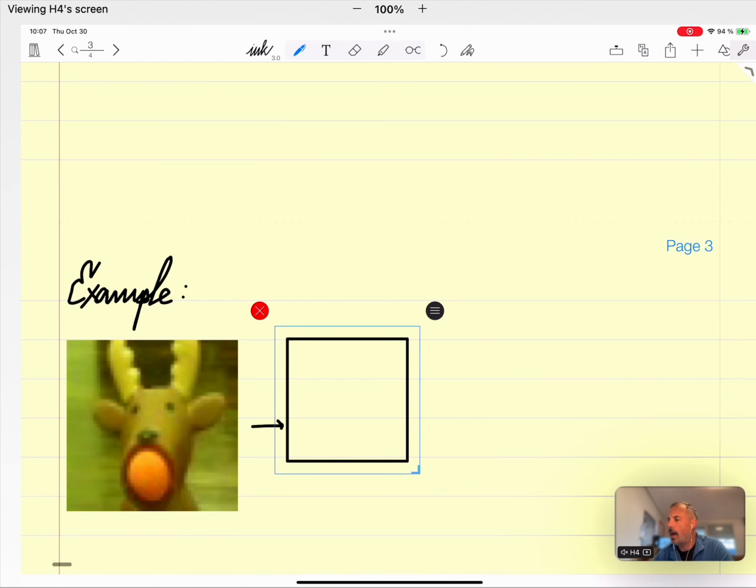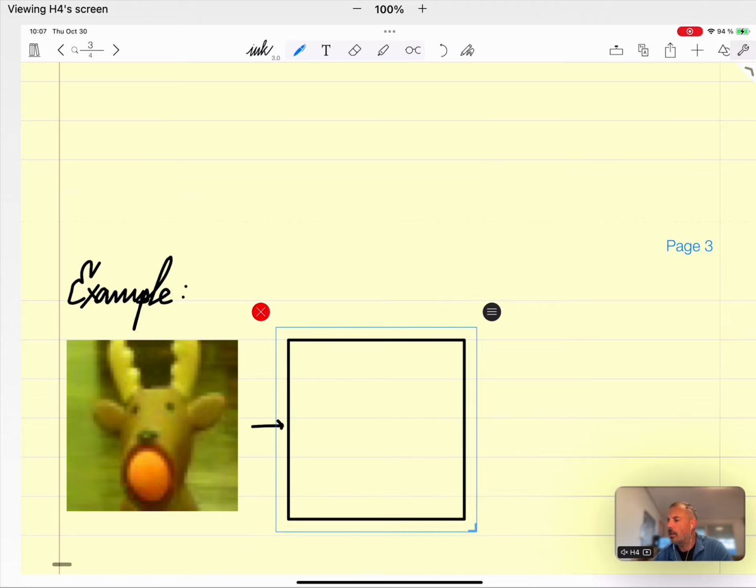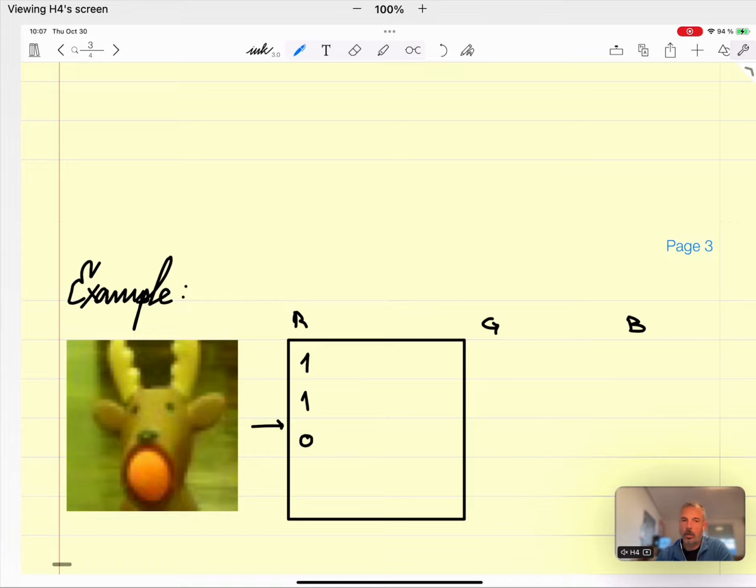And we have this channel R. Channel green and blue would be exactly the same. So I'll just do the channel red and with dummy numbers, not the real ones.